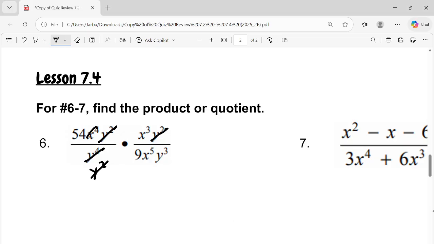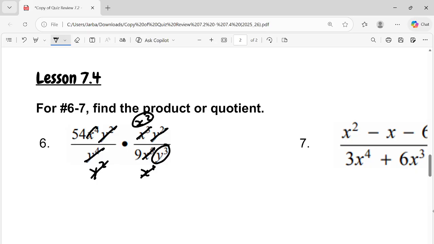This almost fully cancels out with that, but we have an x to the 1st power left. And then this guy can cancel with this, but then this will be left with x squared on the top. We don't have any more y's on the top, so this is going to stay. We don't even have any more x's on the bottom, so this is going to stay.